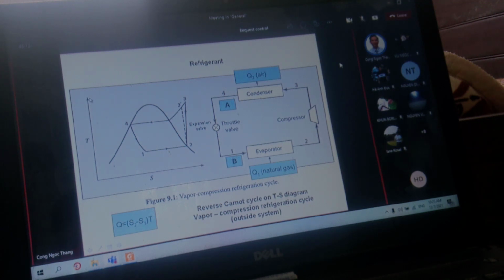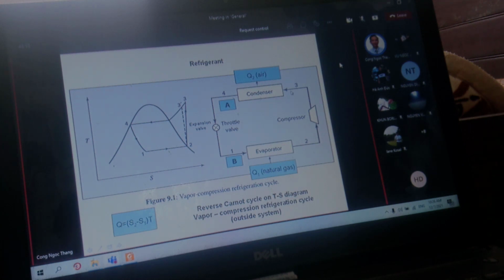So in the TS diagram, we can express this cycle like this. From 1 to 2 is a counter-temperature evaporation process. From 2 to 3 is a compression process, increasing pressure.